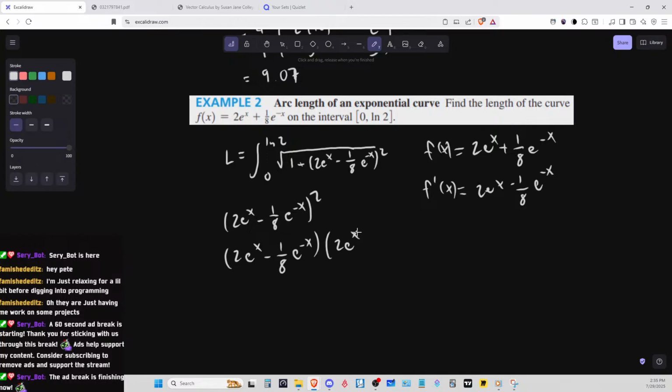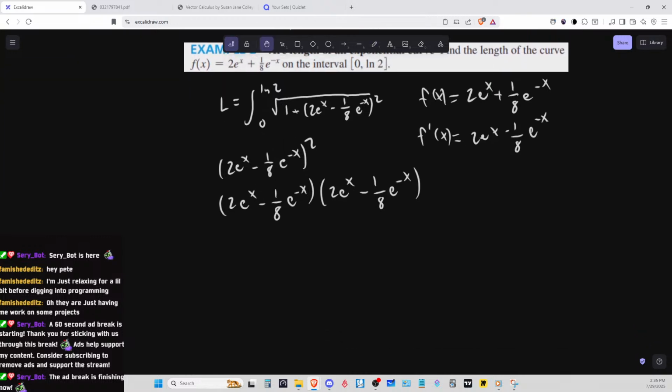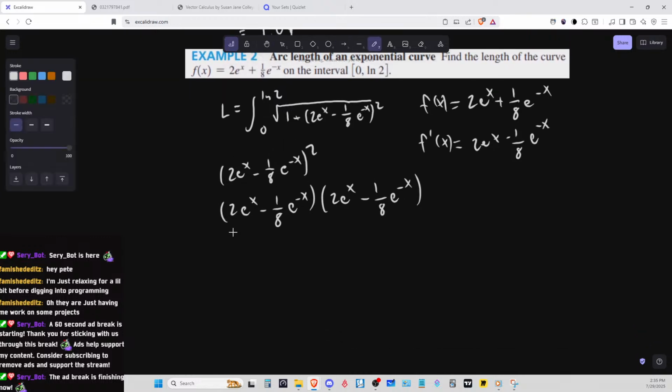If anyone can do it in their head, I give them credit for being able to do that. For me, I can't, unless it's something very, very simple. But if it's not, then I have to actually write it out. Okay, so we got 4 like that, and then we got 2 times this, 2 times that.